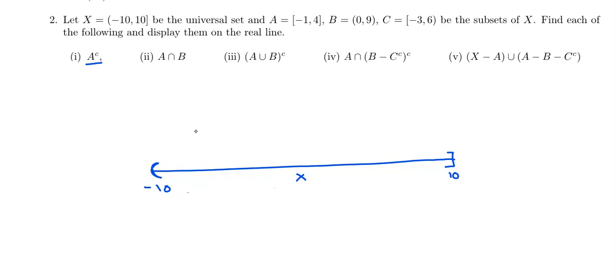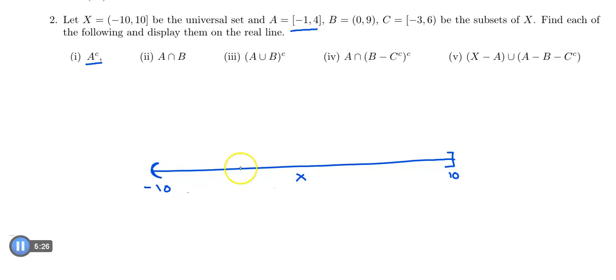What else have we been given? We have been given now set A, because now since we have the universal set, we have been given set A. Since we have been asked to find A complement, we are going to remove A from the universal set. What is going to remain, guys? It is the A complement. A very simple explanation which you need to know.